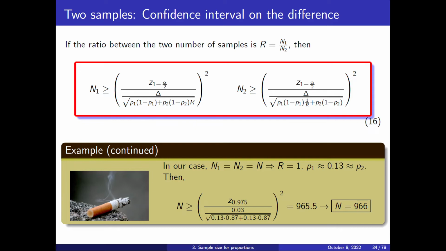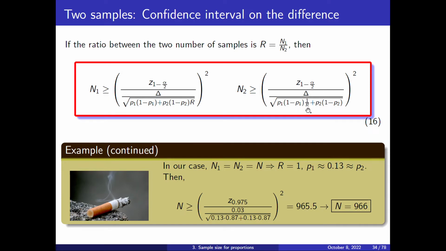Let's say that one of the groups is much more difficult to obtain than the other one, then we can define a ratio R between the sizes of N1 and N2, and we have everything to solve our equation. We solve it, and N1 has to be larger than this and N2 larger than that.